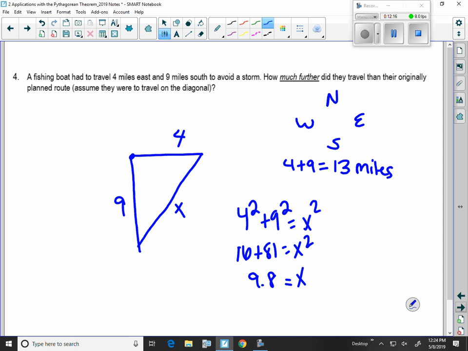Yes. Now we want to know how much farther they traveled when they went out and around than they would have if they had done the shortcut. 3.2. Yep, 13 minus 9.8. So they traveled an extra 3.2 miles.